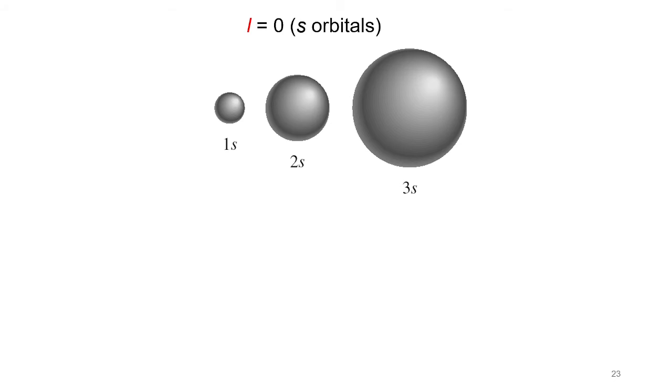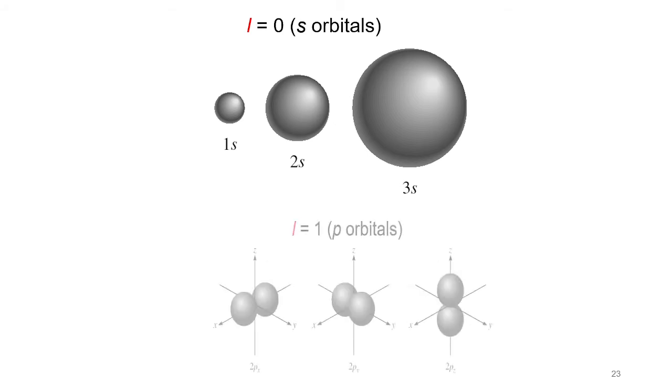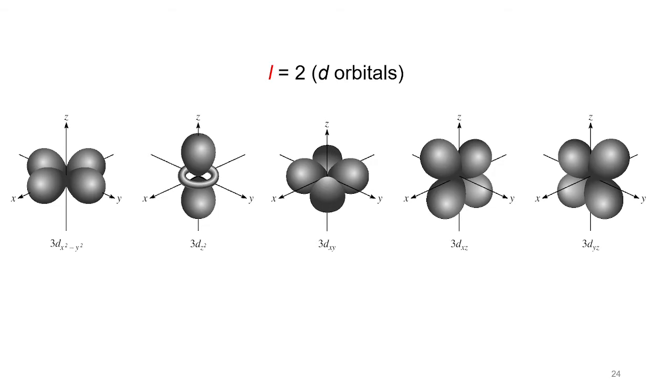It looks like an eight if we look at it as a 2D shape. And these are d orbitals. We have five types of d orbital. We have three types of p orbitals. And for the f, for now, there is no model to present the f orbitals.